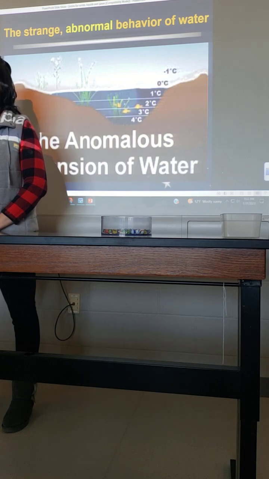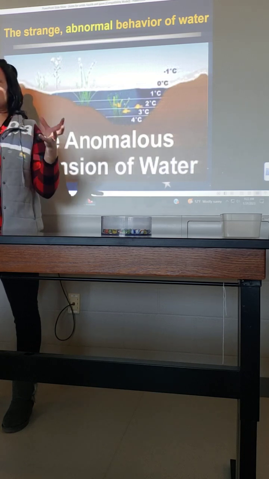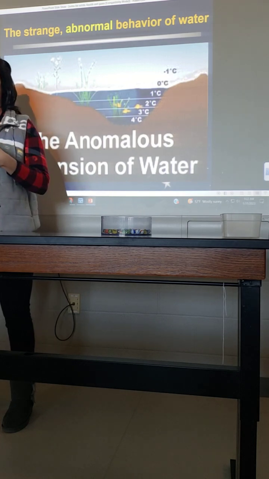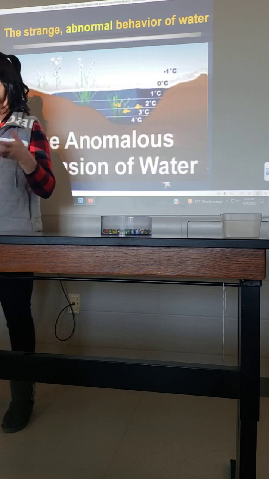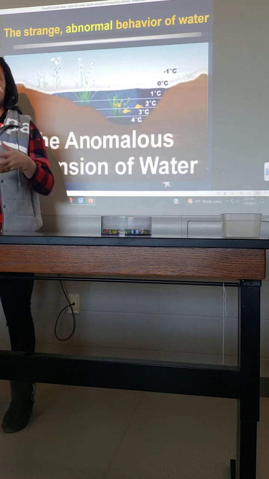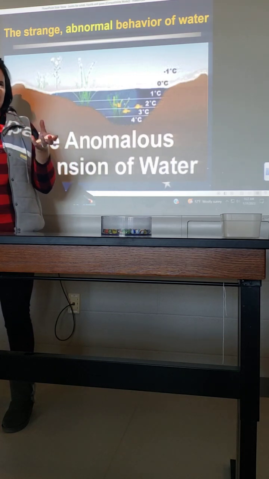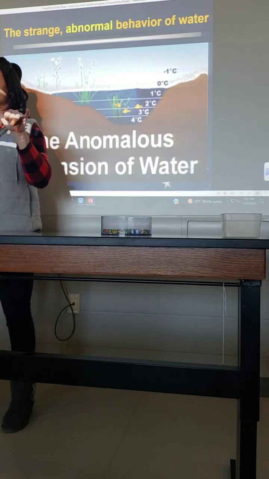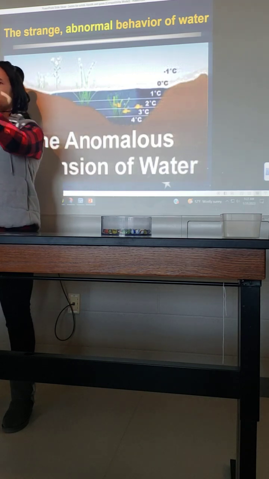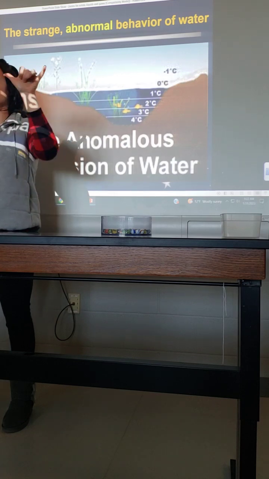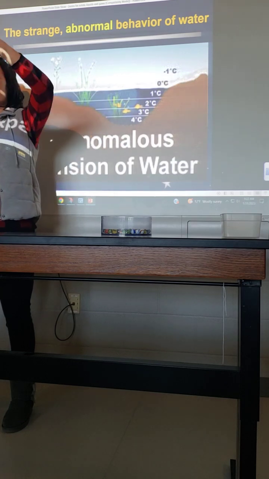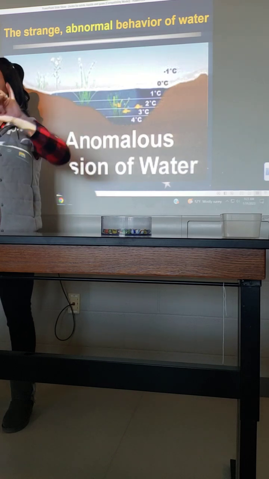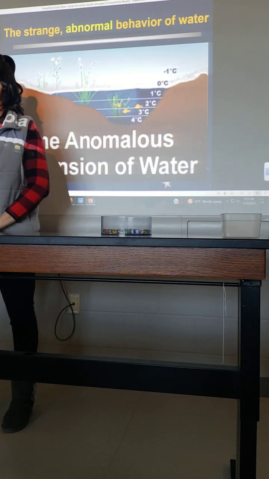And so if you have a solid, solids typically are going to be more tightly packed. So why would something more tightly packed be less dense? So when you start trying to think about it logically, it's hard to make it make sense. And so the reason why is because those water molecules, if this is my two hydrogens and this is my oxygen, H2O, they're going to kind of form little rings, and it leaves an opening in the center when these molecules come together tightly packed as a solid.